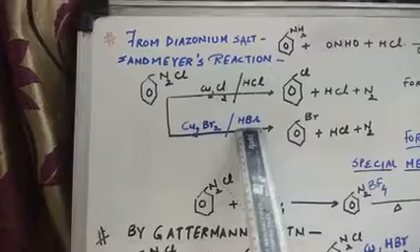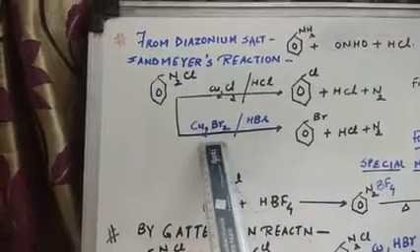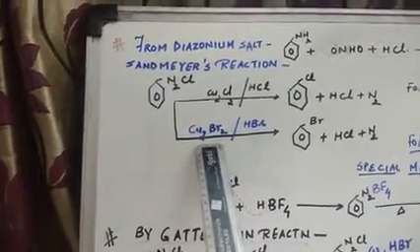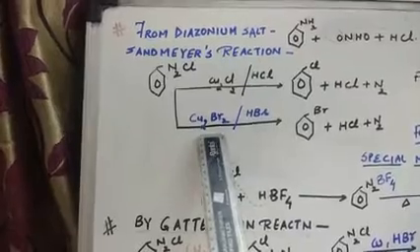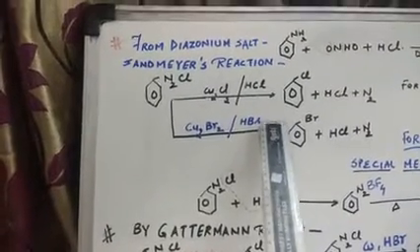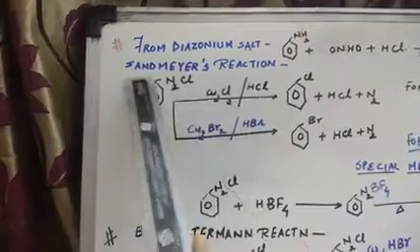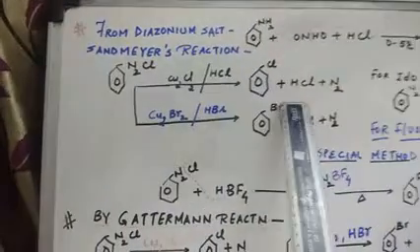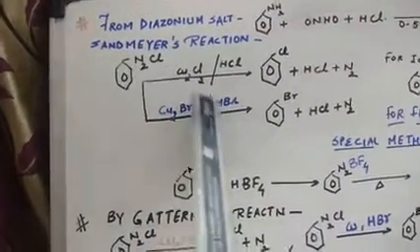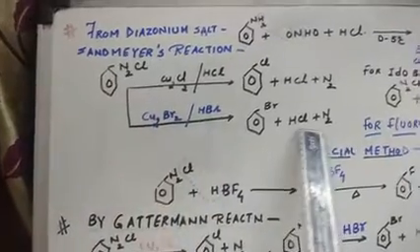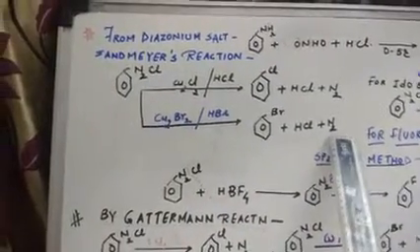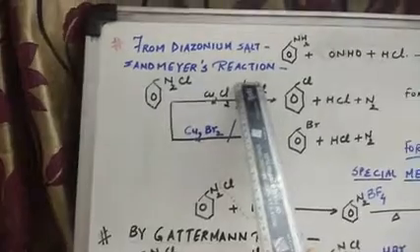If HBr I am taking, here the catalyst which we are taking is Cu2Br2. Cuprous bromide here I am taking. So in this case, this bromide ion gets attached over the benzene ring and we will get bromobenzene along with the formation of HCl, and nitrogen gas eliminates out. So this is called Sandmeyer's reaction.